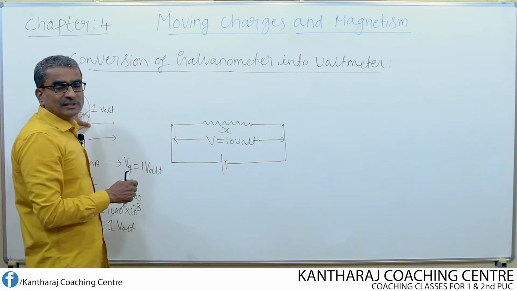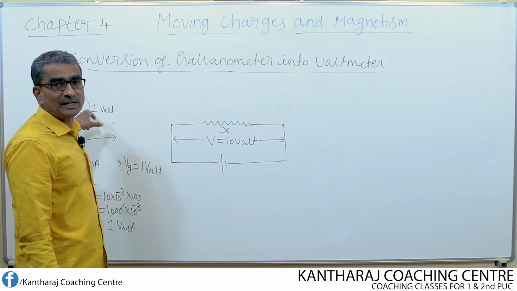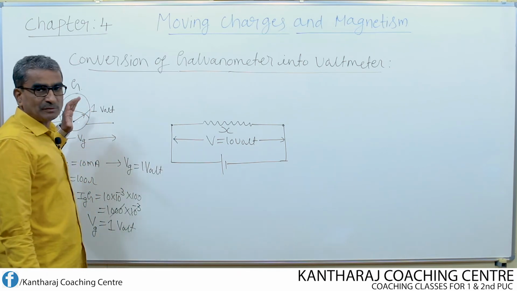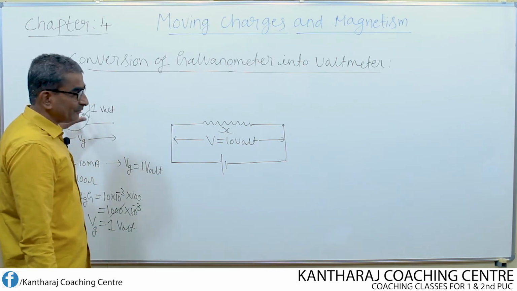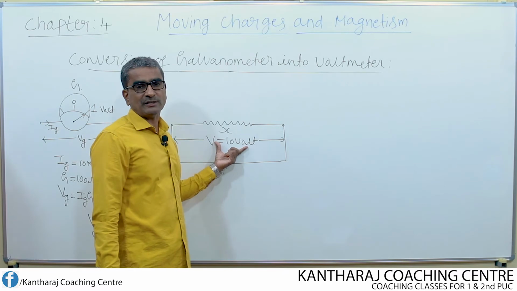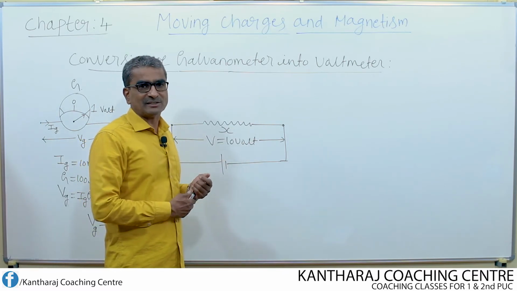We have to increase the range of voltage to be measured by the galvanometer. If we increase the range of voltage which is to be measured, then we can definitely use this galvanometer to measure the required potential difference. How to increase? Already we know that by connecting one high resistance in series.